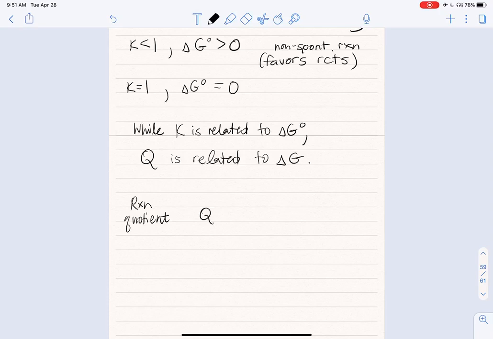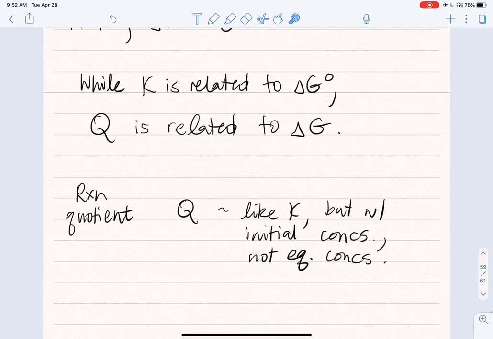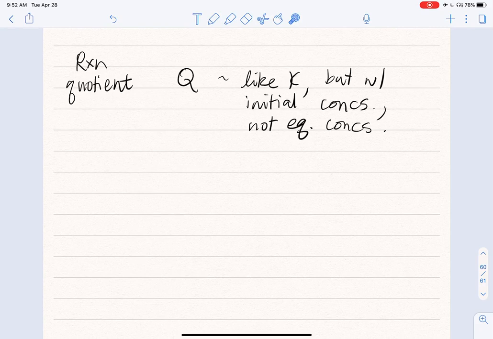Okay, so just to remind you, Q is like K, but with usually initial concentrations, not equilibrium concentrations. So basically, when you don't have equilibrium concentrations, free energy becomes your driving force towards equilibrium. Okay, so that's a way to think about connecting the idea of Gibbs free energy with equilibrium. That Gibbs free energy is becoming this driving force towards equilibrium.